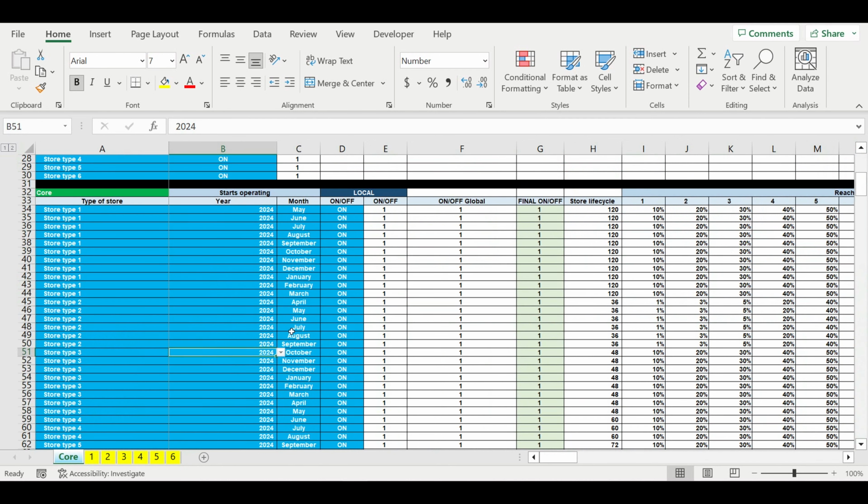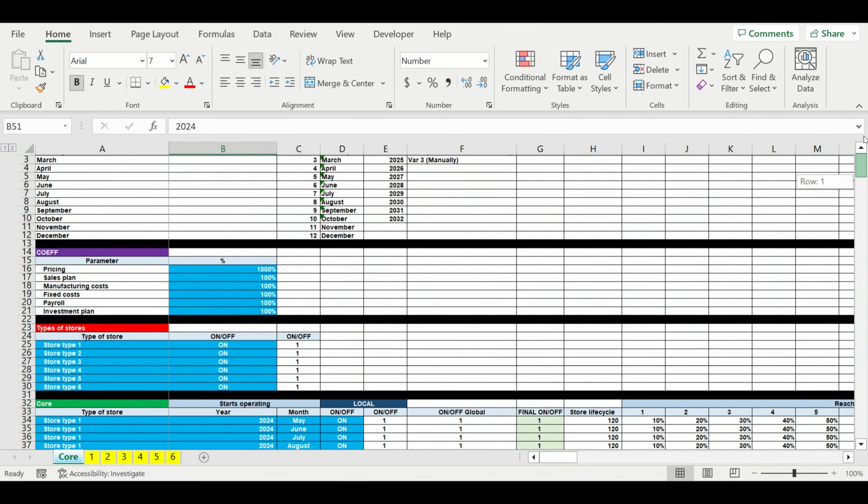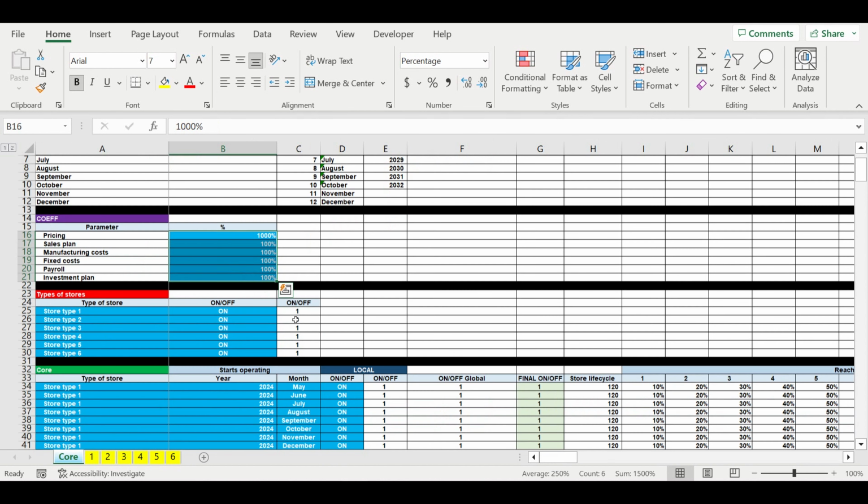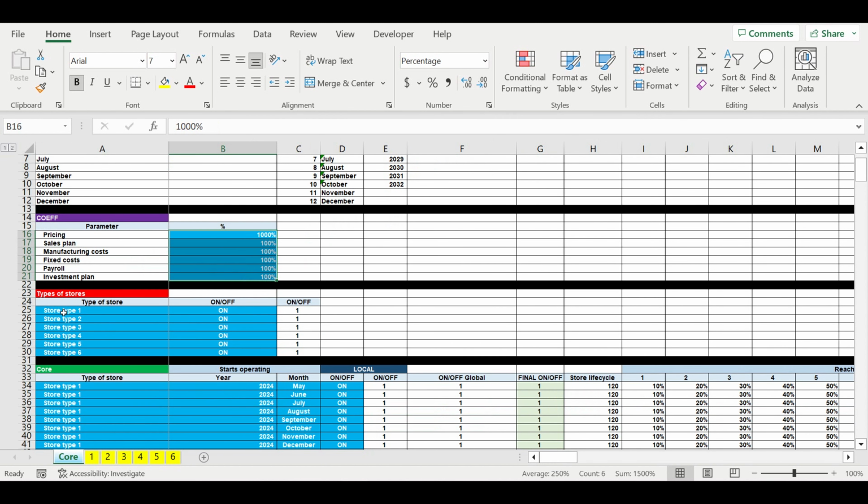Then we are moving to the core. So here we are setting up the first year of our financial horizon. Then we have global coefficients for pricing, sales plan, manufacturing costs, fixed costs, payroll, investment plan, so we can increase and decrease prices. From here, for all the portraits, we can name our 6 types of stores, 1, 2, 3, 4, 5, 6.